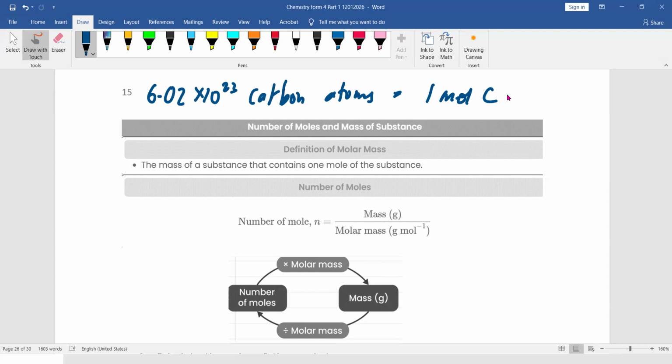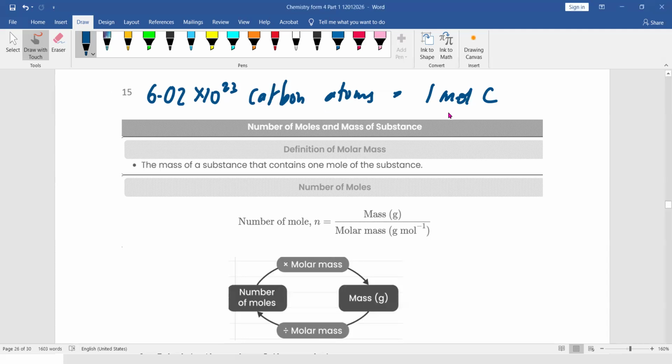Then, if you look at the periodic table, how much is carbon? Carbon is 12, right? Carbon is 12. So it still has no meaning.